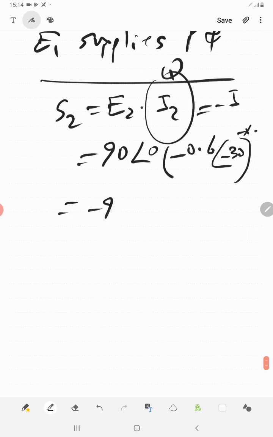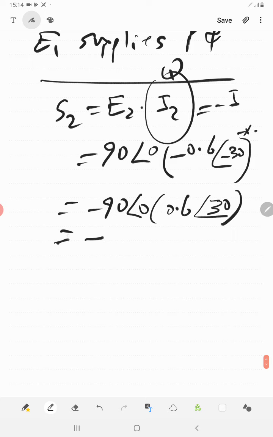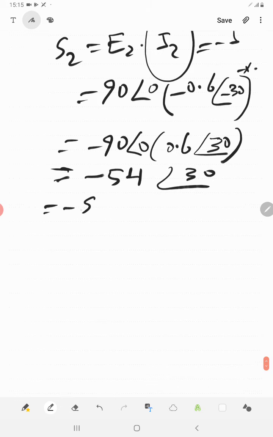So it is minus 90, okay, minus comes out. Say angle 0 here, 0.6 angle 30, because of the conjugate. So this will be minus 6 times 9, which is 54, right? Angle 30, okay? So this will be minus 54 cosine 30 minus j 54 sine 30.